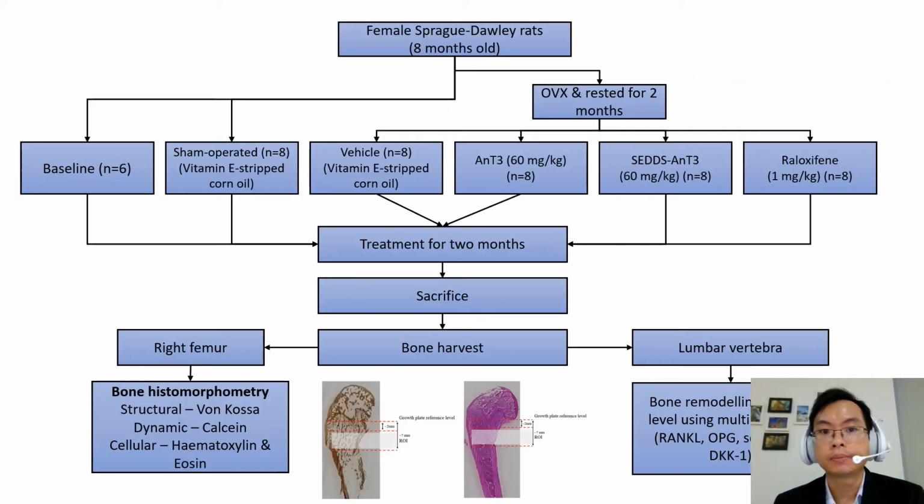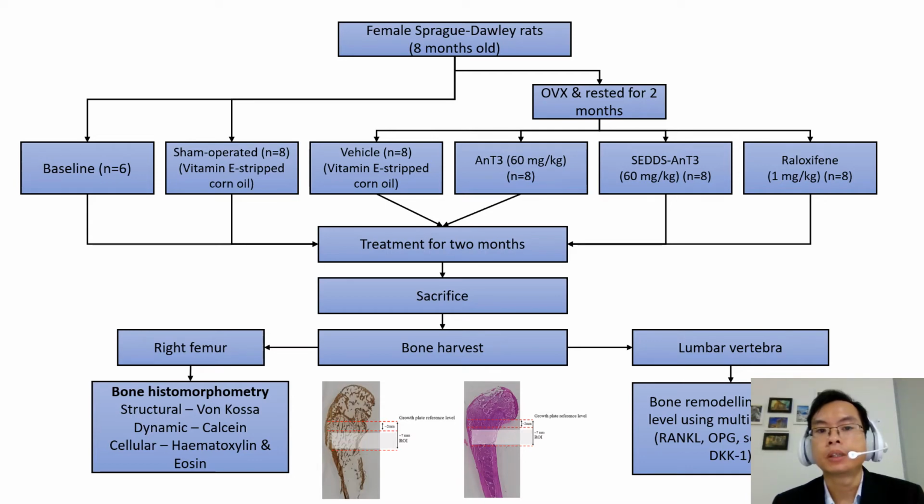In this study, 8-month-old female Sprague Dawley rats were divided into 3 arms. The first arm, baseline, were sacrificed upon receipt. The second arm, the sham operated group, were not castrated, and the castration arms were ovariectomized and rested for 2 months for bone loss to develop.